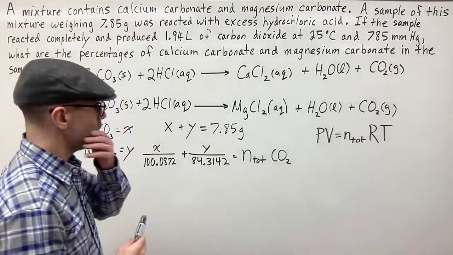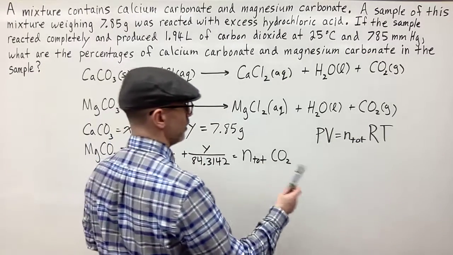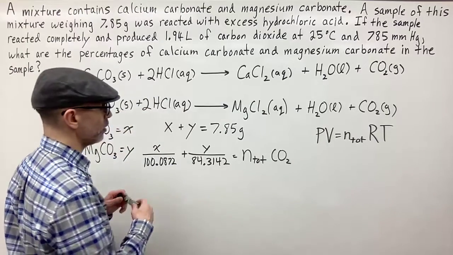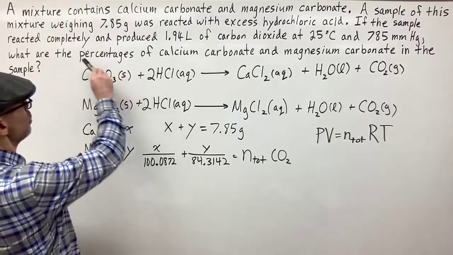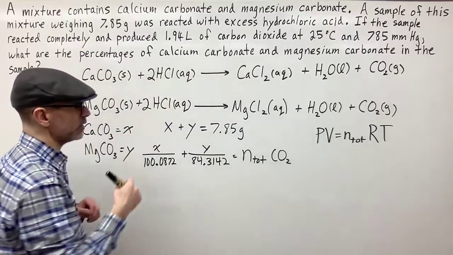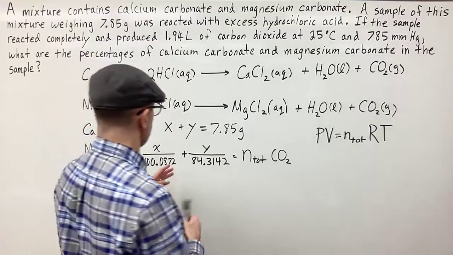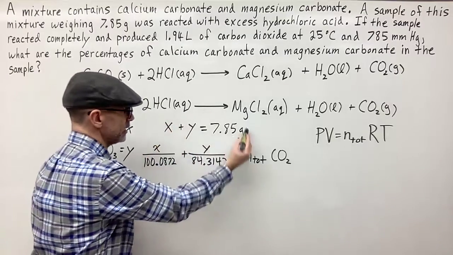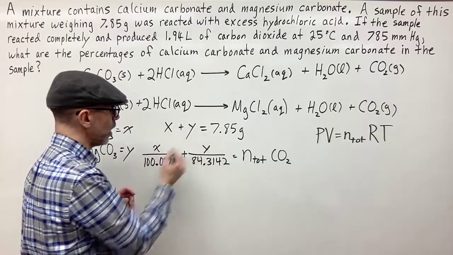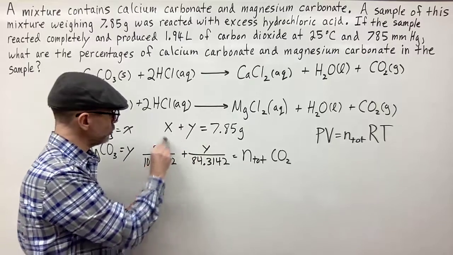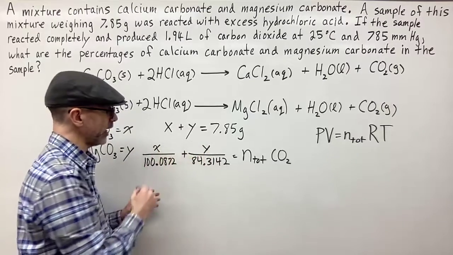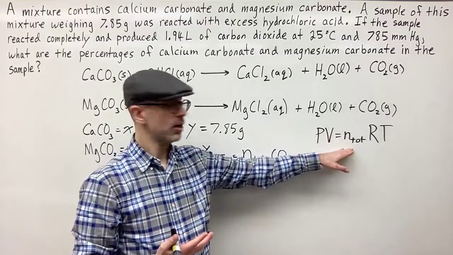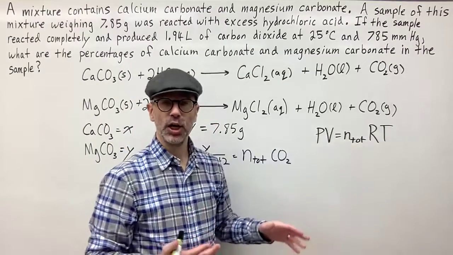So what I need to do is, again, we want to find the percentages of calcium carbonate. So I'm going to need to take this, solve for one of these, X or Y, it doesn't matter, and substitute it in for X or Y here. So that way when I plug it in here, I'll have one equation and one unknown.